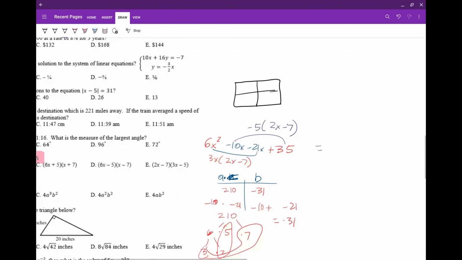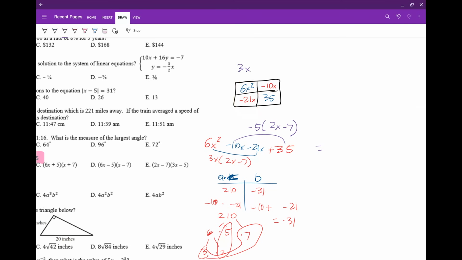And before I get the answer, let me do factoring by the box method. We have 6x squared, 35. Your middle components are negative 10x and negative 21x. Right? So then the same thing pretty much. The greatest common factor of that, that's going to be 3x.